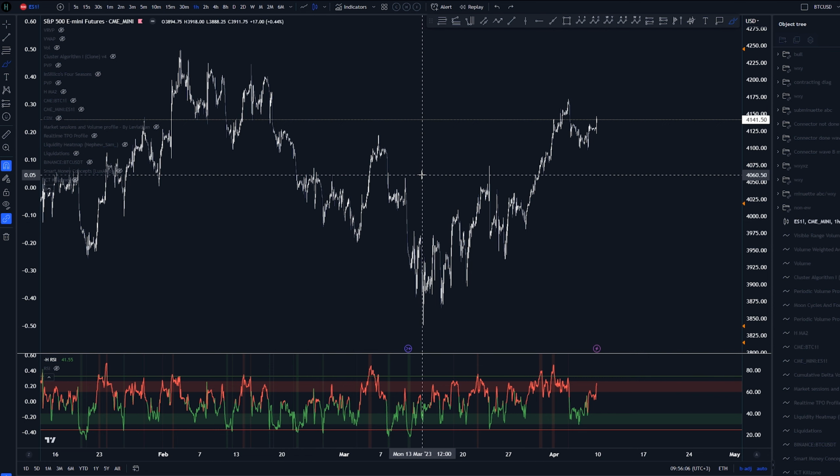So the bear scenario was already very unlikely, and now it has been invalidated, so we can just delete it completely. I already did that before this.